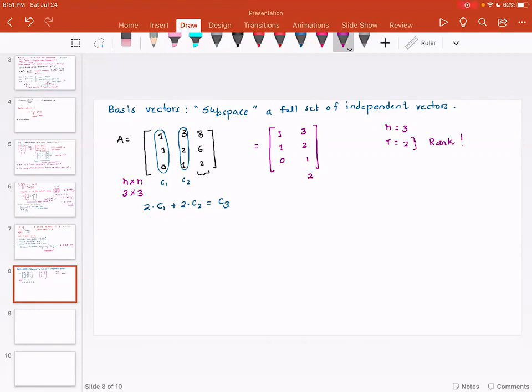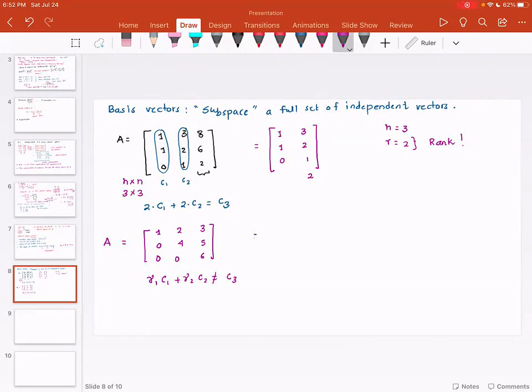Now let's extend this concept to another matrix. If we have 1, 0, 0, 2, 4, 0, 3, 5, 6, you can see C3 cannot be represented as some combination of the first and the second column.